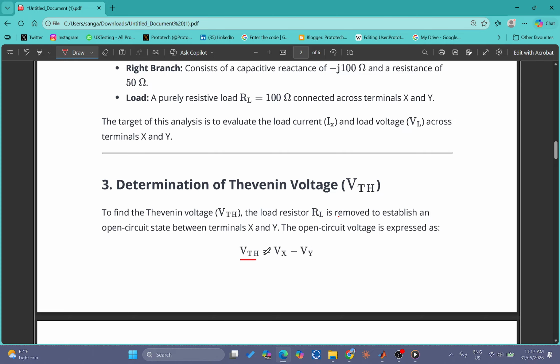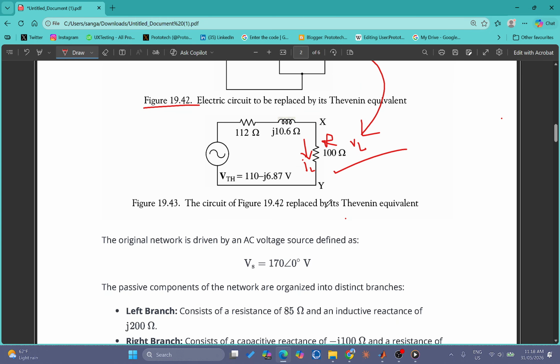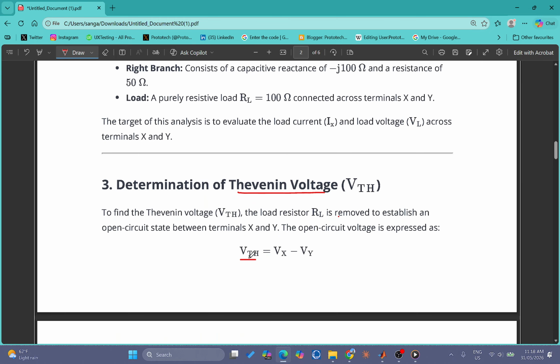What is the first thing we have to do? The first thing to find is the Thevenin voltage, VTH, which is found by Vx minus Vy. Vx is the voltage across the X branch, and Vy is the voltage across the Y branch. To do that, we have to remove the load resistor from here and make an open circuit between X and Y. The open circuit voltage across X and Y will give you the Thevenin voltage, Vx minus Vy.